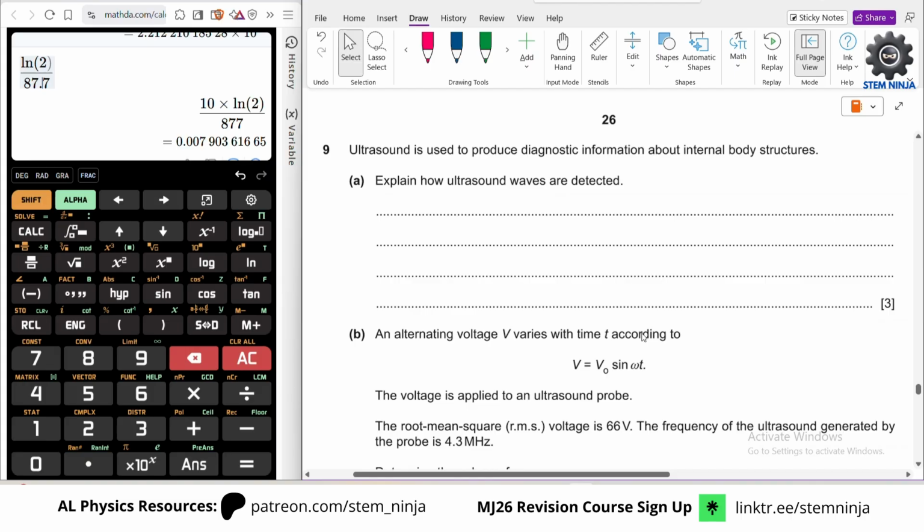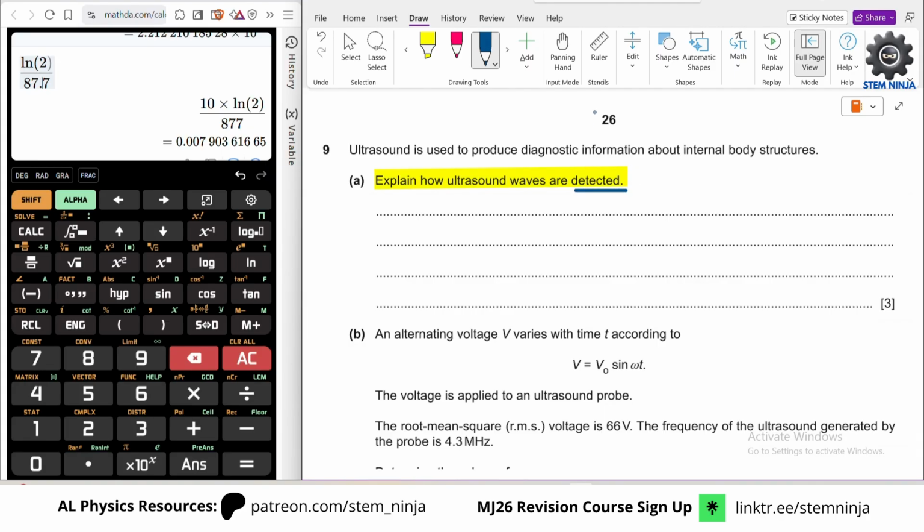Question number 9. Ultrasound is used to produce diagnostic information about the internal body structures. Explain how ultrasound waves are detected. Now, detected is a different story than produced or generated.